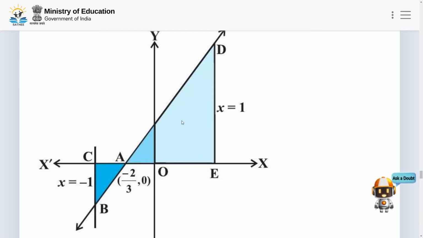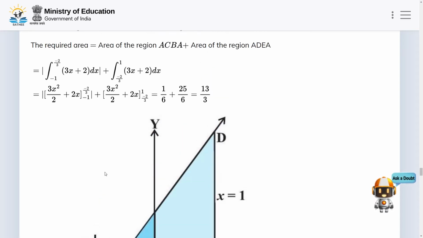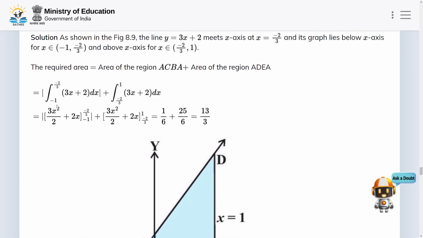For this part, from -2/3 to 1, you will get your area directly without any problem. But for this part, -1 to -2/3, you have to apply the modulus sign. So first, from -1 to -2/3, the integral of 3x plus 2 dx.